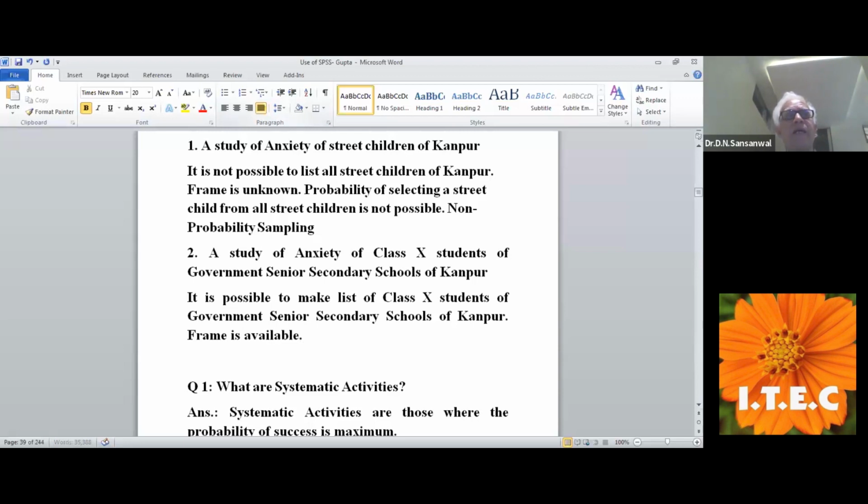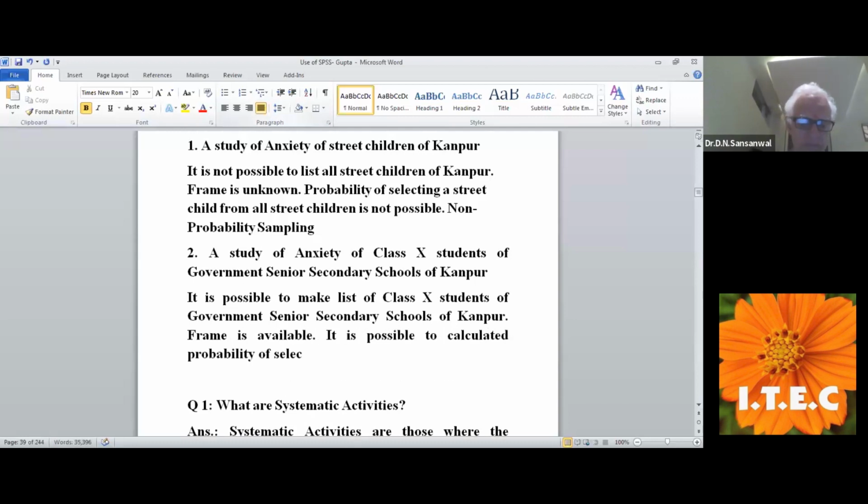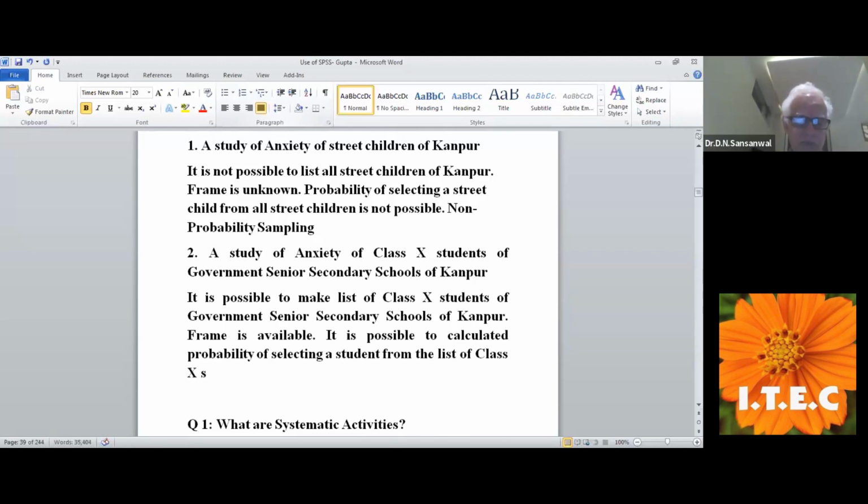And if frame is available, then it is possible to calculate the probability of selecting a student from the list of class 10 students.